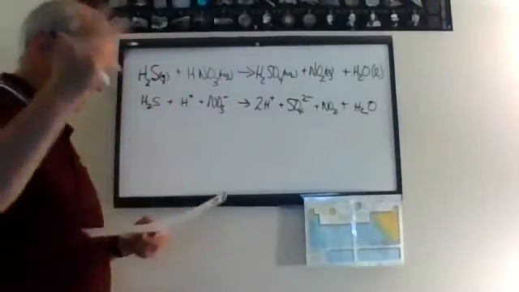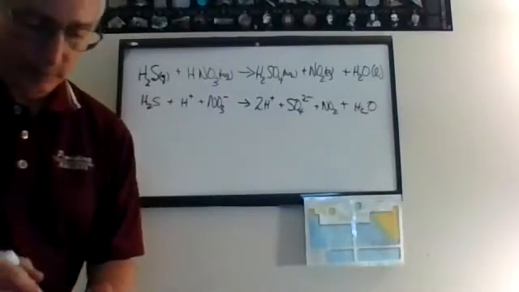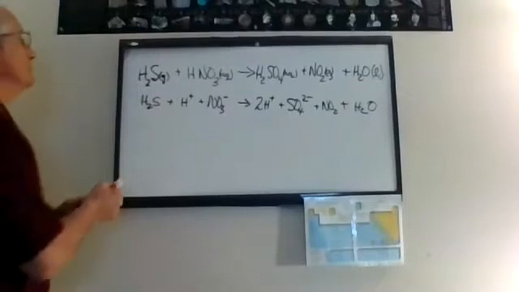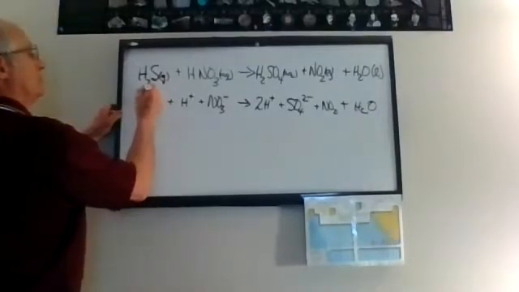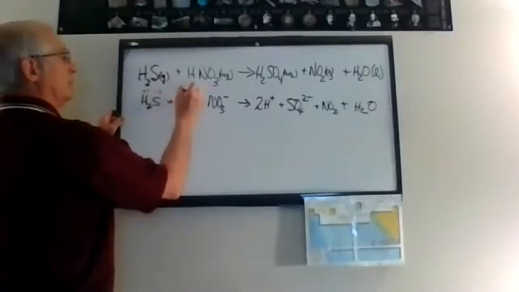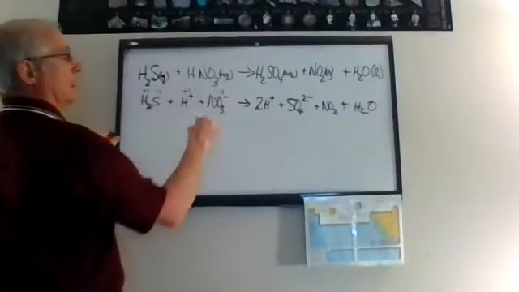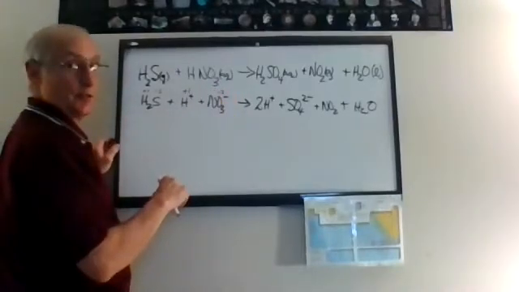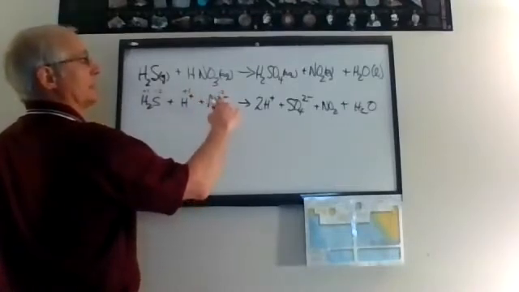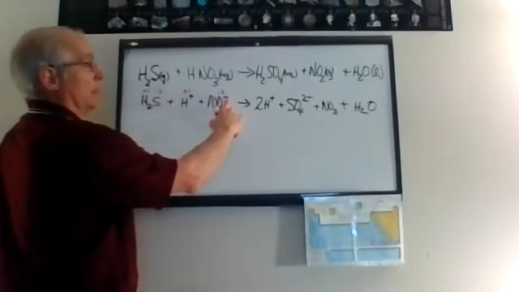Okay, step 2, assign oxidation numbers. Okay, we're going to go through that whole thing. Move ahead. +1, -2. +1. This is -2. And 3 times -2 is -6. And what number do you add to -6? That comes out to be a -1, because this ion is -1.